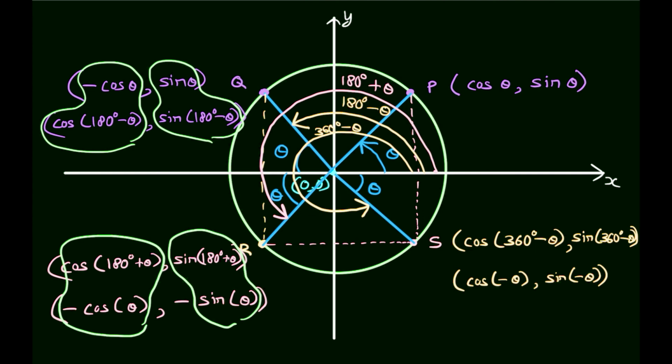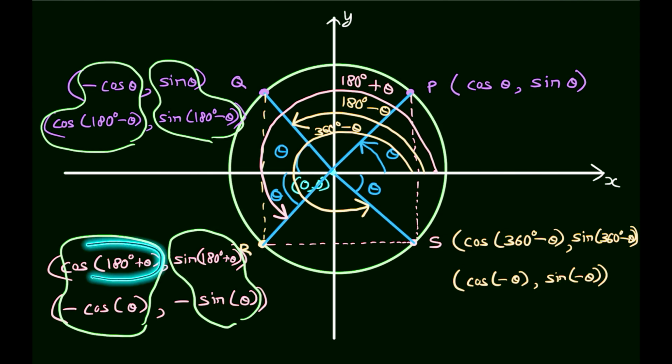Now, there are other ways of writing the coordinates of point S. For example, you know the coordinates of point R, which will be cosine of 180 degrees plus theta and sine of 180 degrees plus theta. We know that point S's x coordinate will have the same magnitude, however, it will be positive.